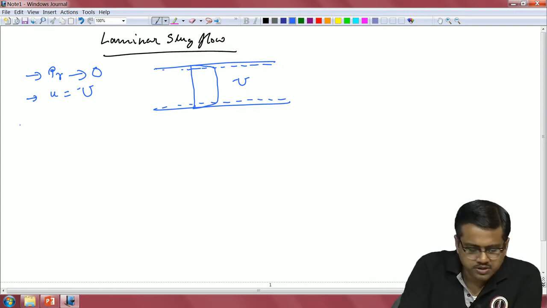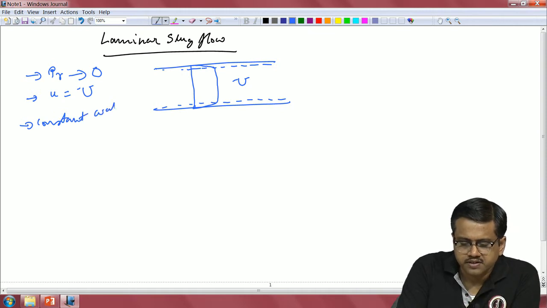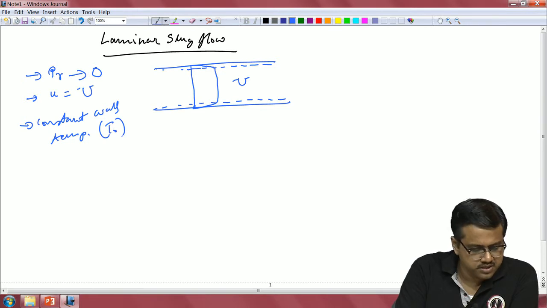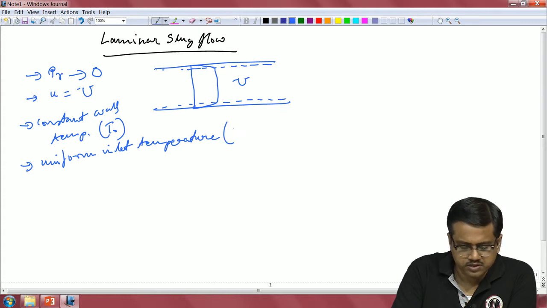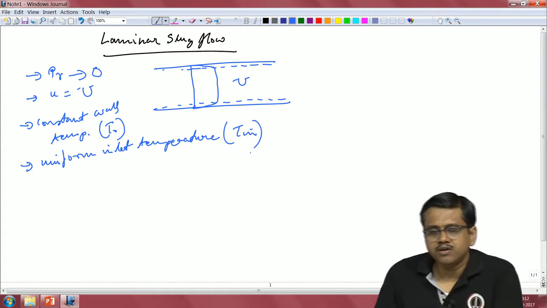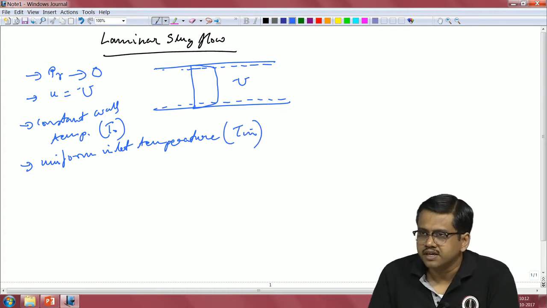So, we also take that it is a constant wall temperature. The rest are usual assumptions. That means T naught. Okay. There is a uniform inlet temperature, which is T in. These are almost the same as what we had earlier, right.